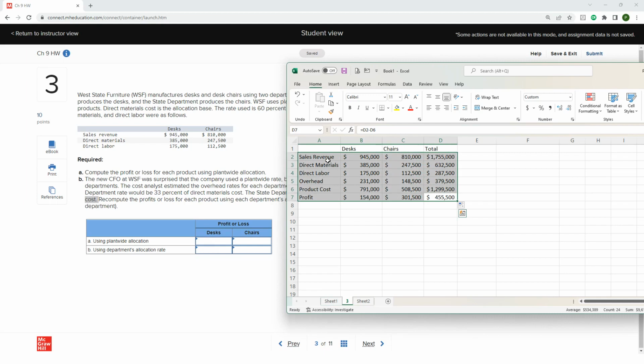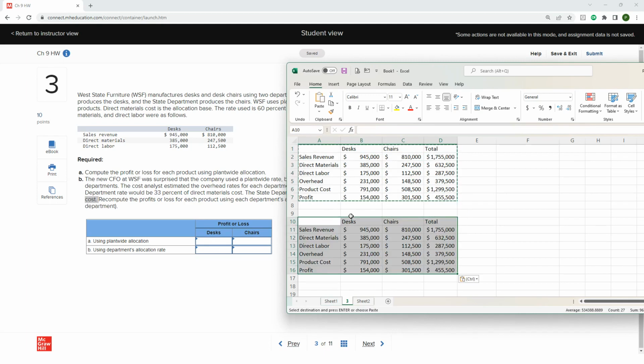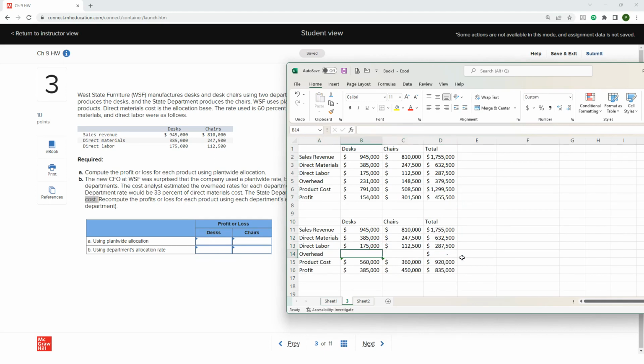Now again, for Part B, they don't like the way that Part A allocated the overhead, so they're going to allocate it based on different percentages per department. So let's delete the overhead amounts. And so it tells us that the West Department, which does the desks, that's going to be 33% of direct materials.